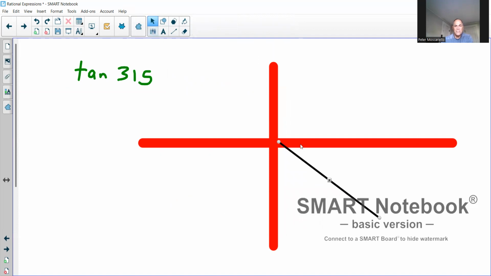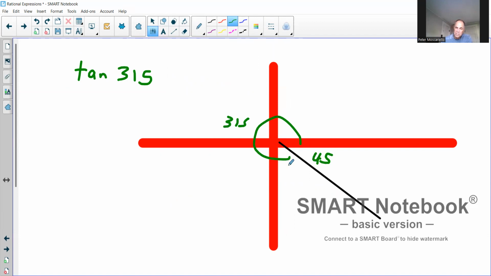So if this is 315, this must be 45, right? 315 plus 45 more gets us to 360. So tan 315 is either the positive or negative value of tan 45. What's tan 45? It's 1. So it's plus or minus 1.